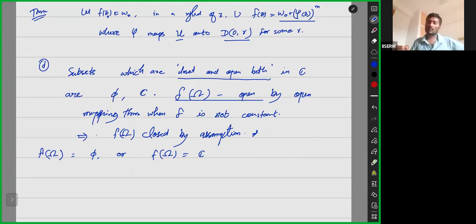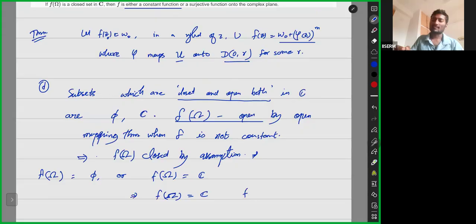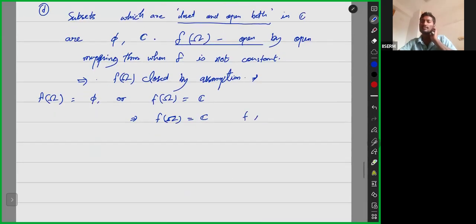And omega is now, okay, either it is constant or it is surjective.